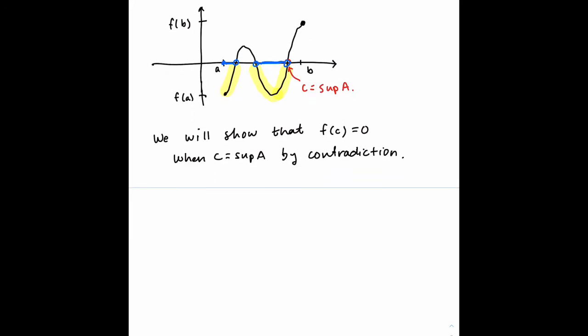So what that means is we're going to assume toward a contradiction that f of c is not equal to 0.